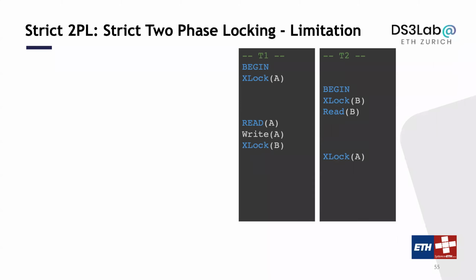And then T1 does something on A and then tries to lock B. And then T2 does something on B and tries to lock A. In this case, both are fine. If you do strict two-phase locking, this schedule is perfectly fine. However, if you think about who is waiting for whom, when T2 tries to acquire a lock on A, it's going to wait for T1.